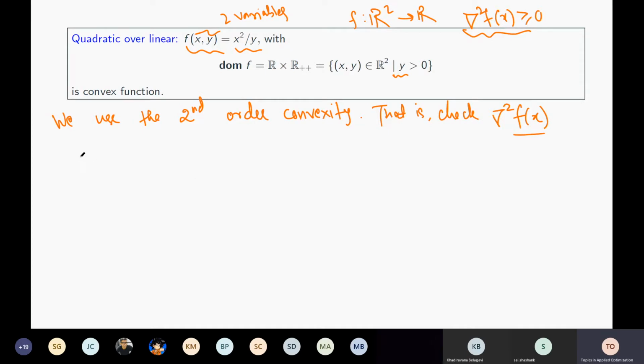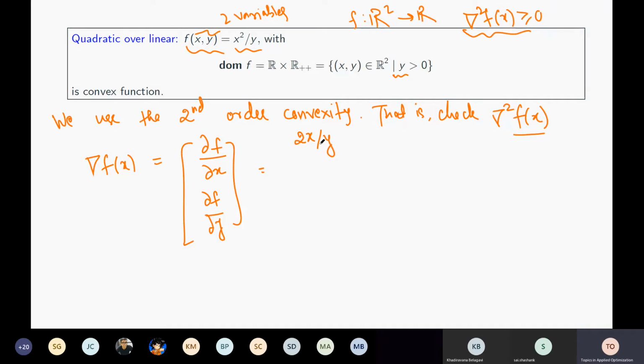So let us take the first derivative. The first derivative will be the gradient, which is ∂f/∂x and ∂f/∂y. The partial derivative with respect to x is 2x over y.